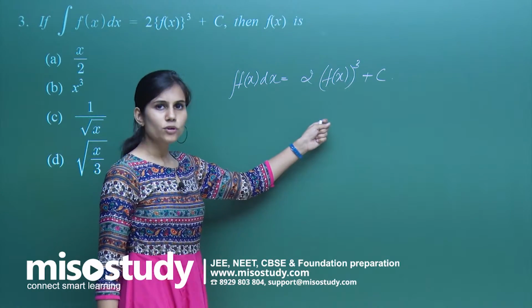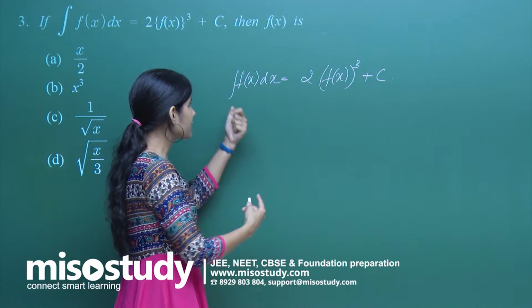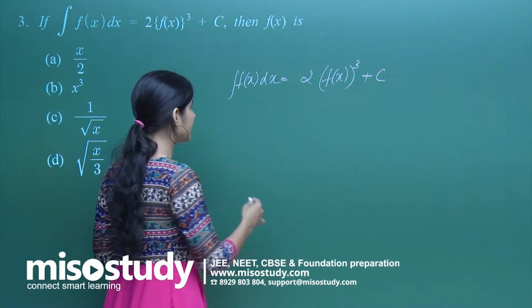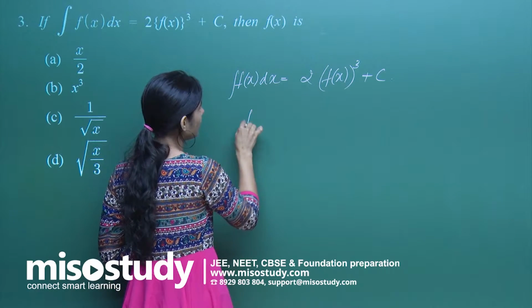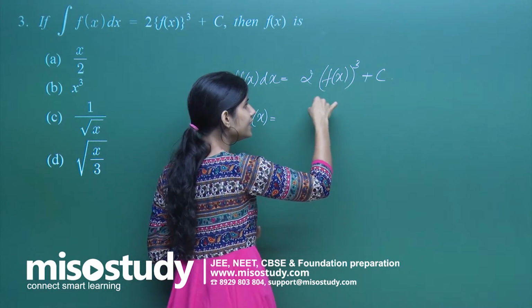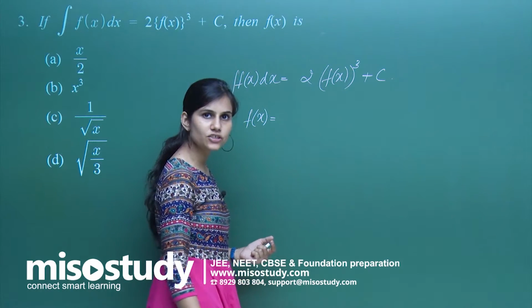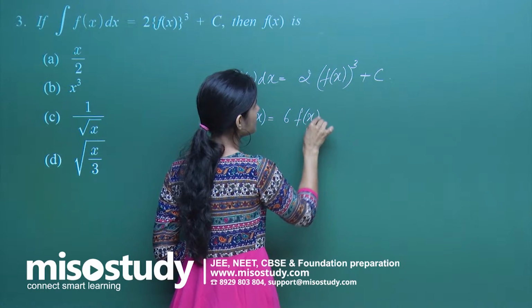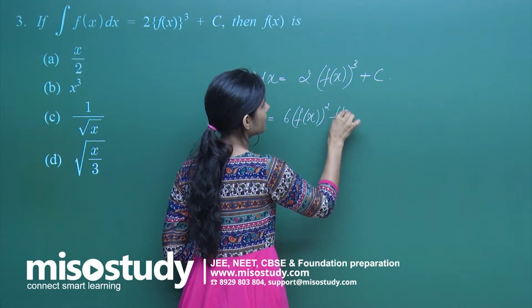If you differentiate both sides with respect to x, because I want f(x), so I don't want this integral sign. D by dx, when you do, you are just left with f(x). This is 2 constant, 3 into f(x) whole square into f dash x. So over here you get 6 f(x) whole square into f dash x.